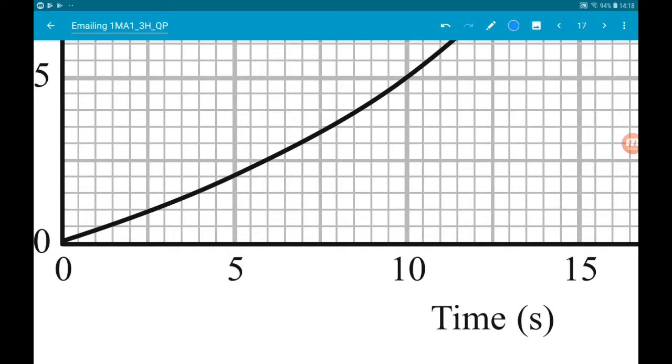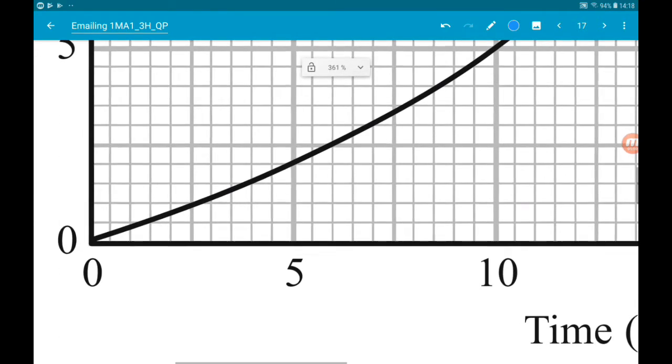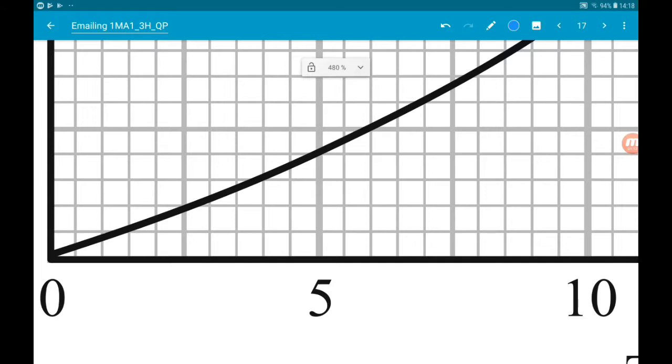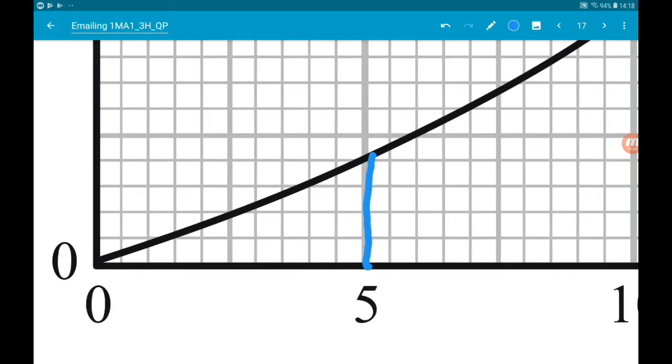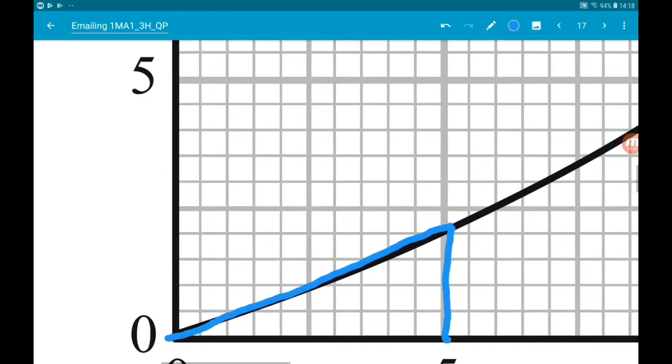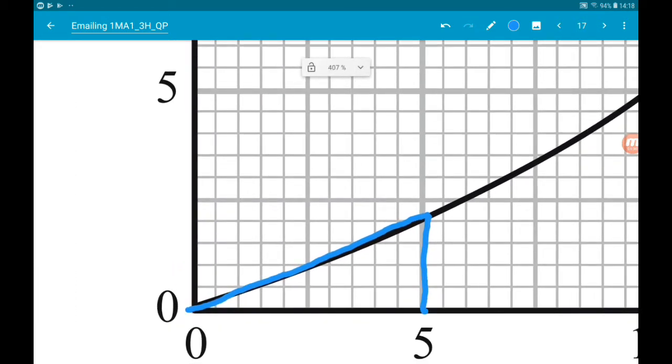So then what we're going to do, we're going to draw triangles and trapeziums and then work out their areas. So the first one is a triangle. Here's a ruler for the real thing. So we need to know the scale on the side. Every 10 little squares represents 5, which means 2 little squares represent 1.